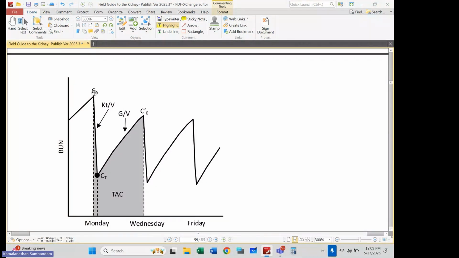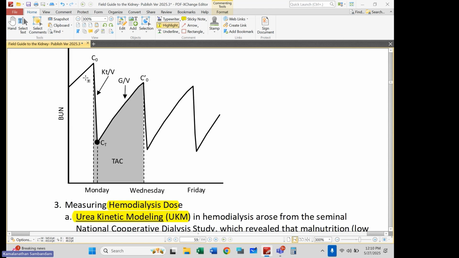So this profile, the pre-dialysis urea concentration, the post-dialysis urea concentration, and the urea concentration preceding the next dialysis treatment, is a urea kinetic profile. Okay? And we can model these changes in urea concentration, and then with that model, derive the dialysis dose and derive the urea generation.